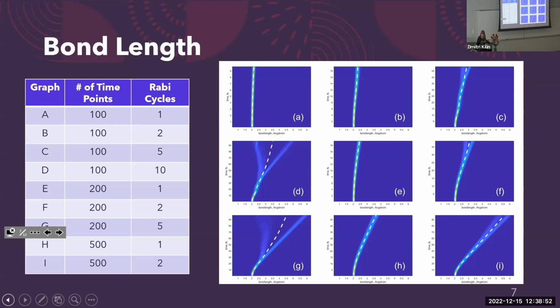Hold on, let me look through my speaker notes. Okay, I know the superposition is the bond length.